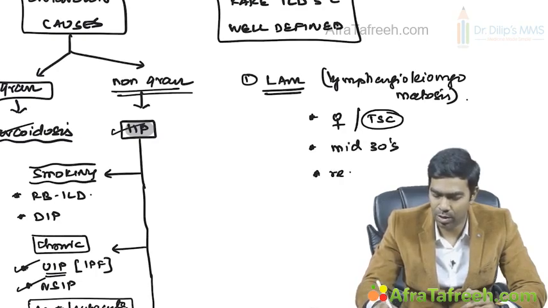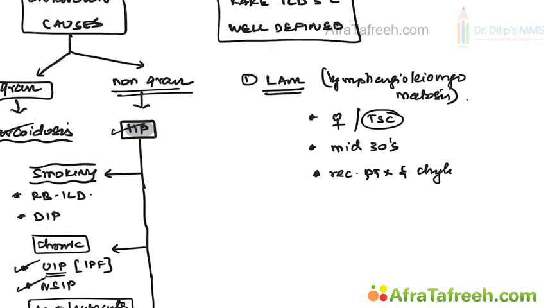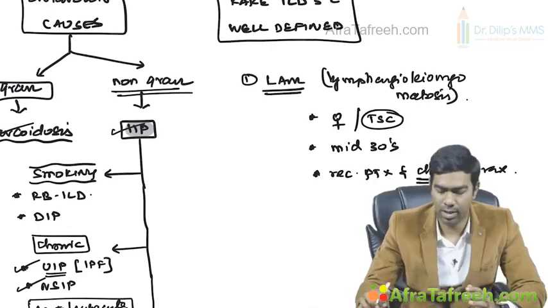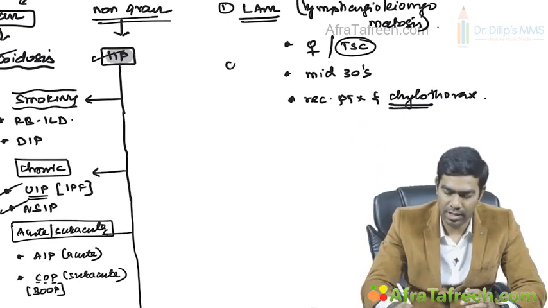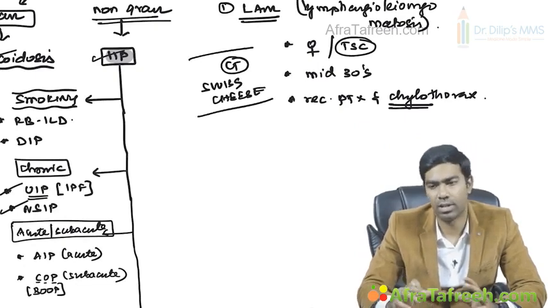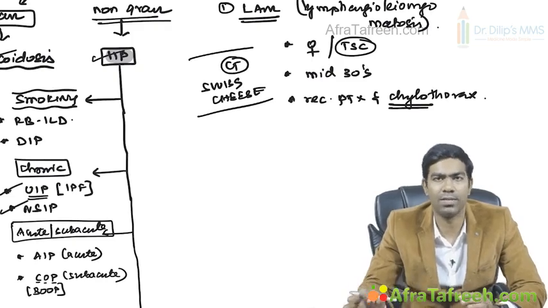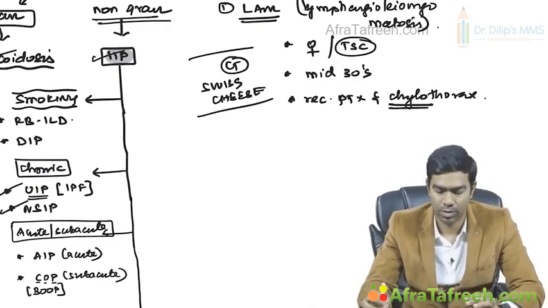They will present with recurrent pneumothorax and chylous pleural effusion, or you can say chylothorax. This is how they are going to present. Clear? And in CT, characteristically, it will result in a Swiss cheese appearance. There will be a lot of cysts with ground glassing in between. That's what we call Swiss cheese appearance. What is ground glassing? We will see in some time in the same video.